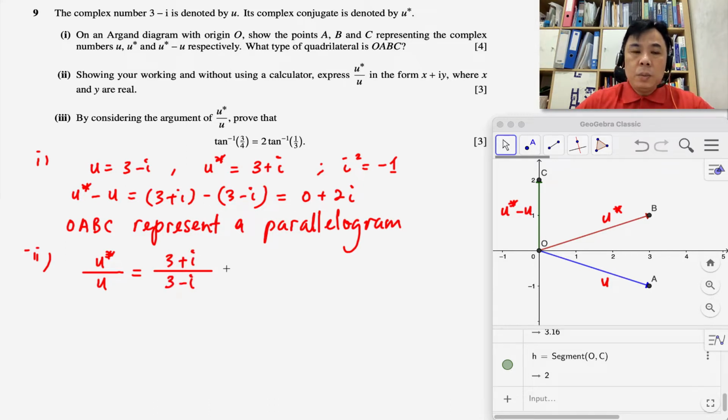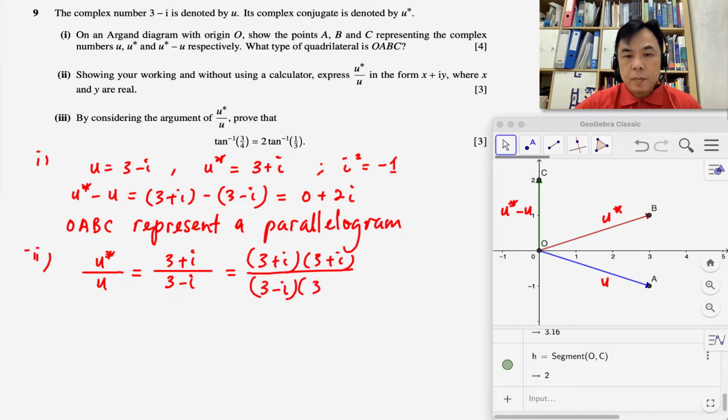Now, by using a bit of rationalization technique, we rationalize it using the complex conjugate of 3 minus i. All right, now by simplifying this, we will get a 9.